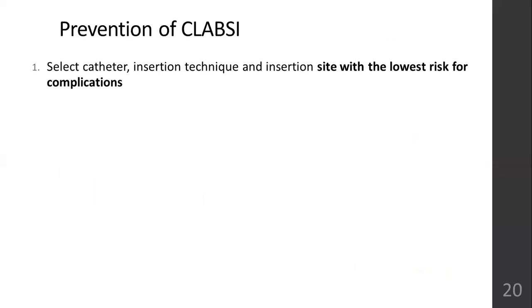And always select the insertion site which has the lowest risk of complications. For example, if I give you two options, the femoral or the subclavian, femoral vein or the subclavian vein, which one would you choose for central line? Which has the lowest risk of complication?